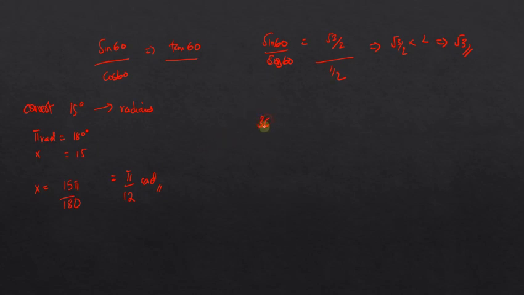Alright. So let's just try one more. Let's say you're given 36 degrees, and you have to convert it to radians. So our x will be equal to the angle times pi over 180. This will go here twice, this will go here 5, so we'll be left with pi over 5 radians.